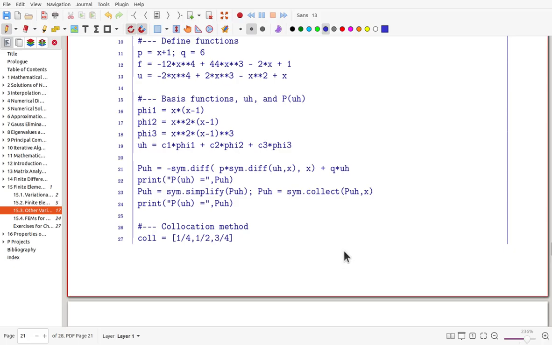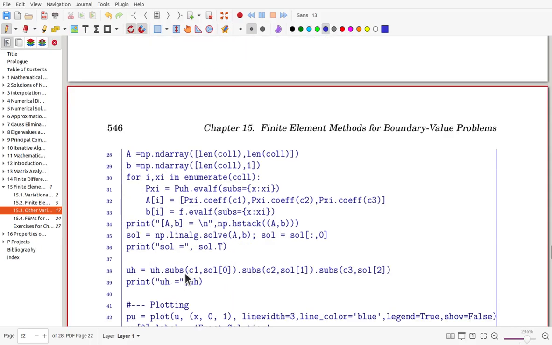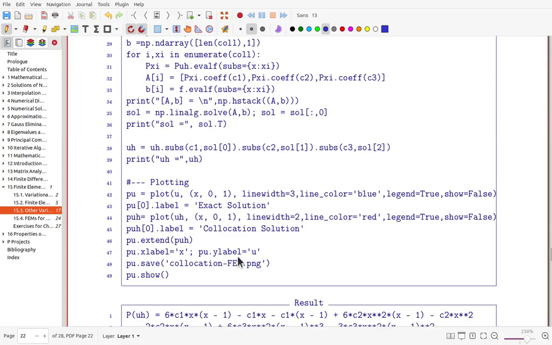Okay. Now, after getting it, for the 3 collocation points, we evaluate in each iteration. For each point, we are making one row of the algebraic system, and after passing this, we have the algebraic system. Okay, so we can solve it, and the bottom portion is plotting.